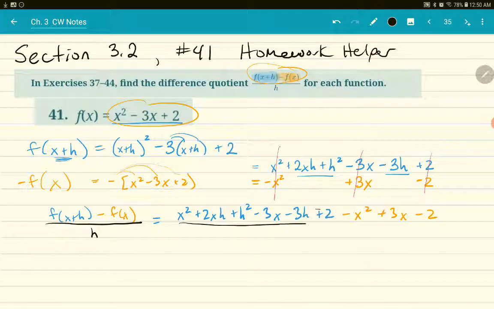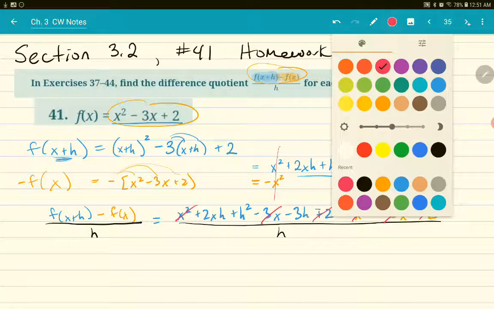But what I did above, in that line above right there, is that I realized that those x squareds are going to cancel, and the 2's are going to cancel, and the 3x's are going to cancel.